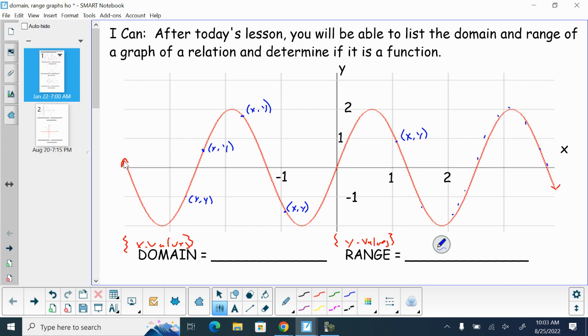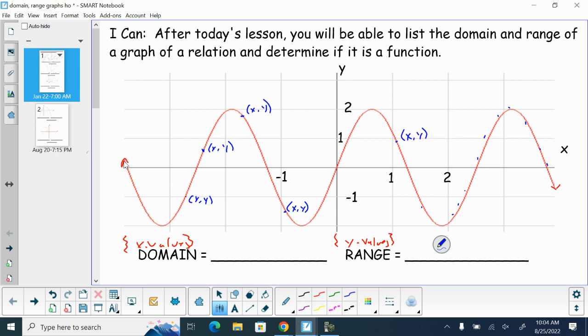We don't have actual numbers with respect to these points, but we can describe in general what our x values and y values are.